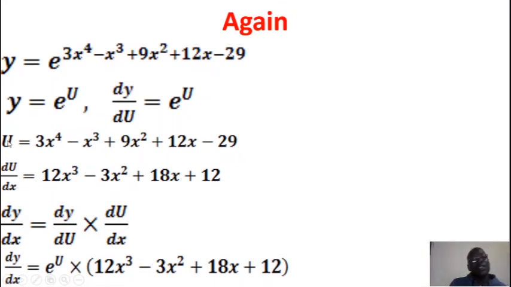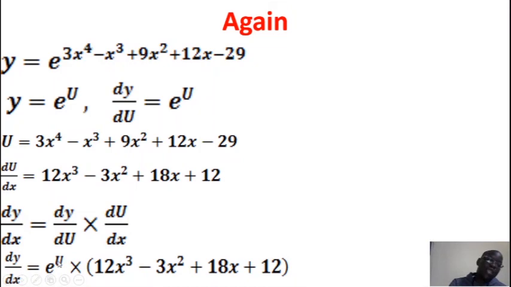So we have seen u has been taken to be equal to 3x raised to power 4 minus x raised to power 3 plus 9x squared plus 12x minus 29. Differentiating from the first principle, which says multiply the coefficient by the power and subtract 1 from the power, we get this again. Recall that we are working on composite functions, of which the derivative of y with respect to x is the product of dy/du and du/dx.